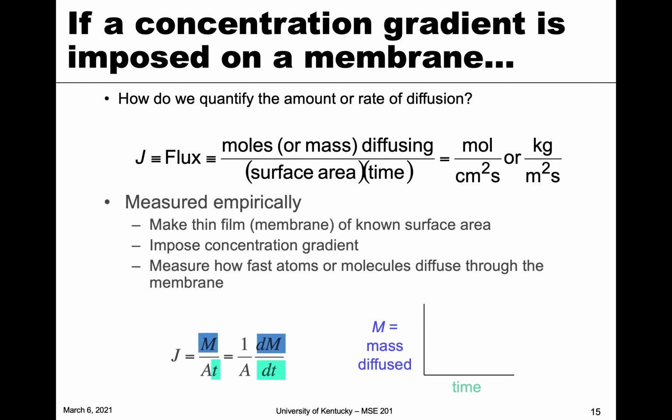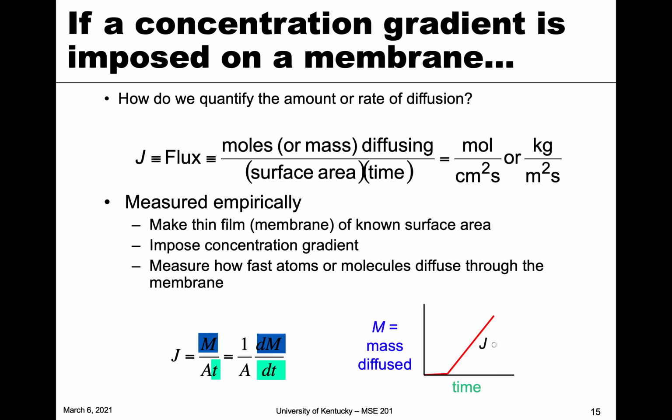And so we can measure this empirically, with an experiment, right? We can look at a thin film or a membrane of a known area. We can impose this concentration gradient, and we can measure how fast the atoms or molecules diffuse across that membrane, right? So this is something that we can very much quantify looking at what we have down here.